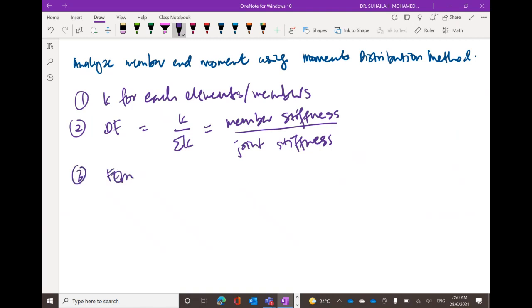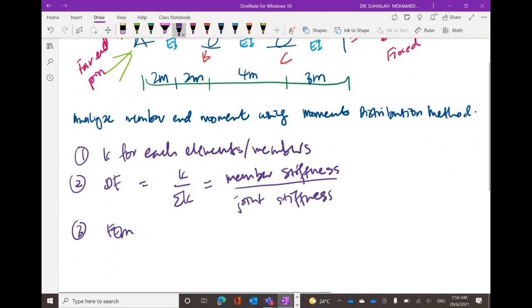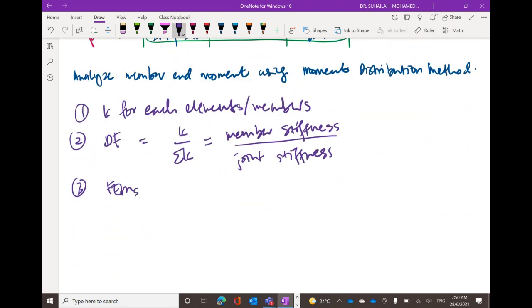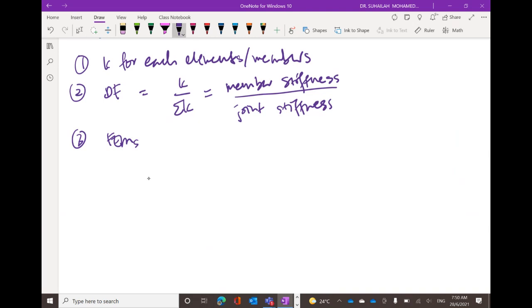Fixed end moment, and for this beam we have AB, this is AB fixed, and we have BC both. We can assume both ends are fixed because we are referring to the appendix given.